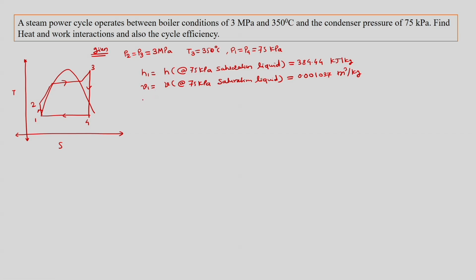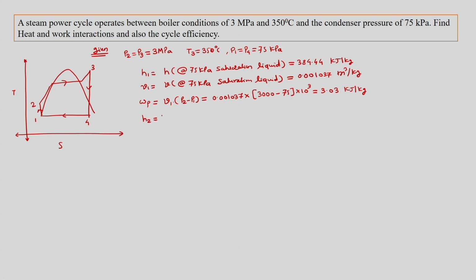Then we can first find out pump work, and pump work is v1 into P2 minus P1. So it is 0.001037 into (3000 kilopascal minus 75 kilopascal), with the 10 to the power 3 for pascal. So we will have pump work as 3.03 kilojoule per kg.